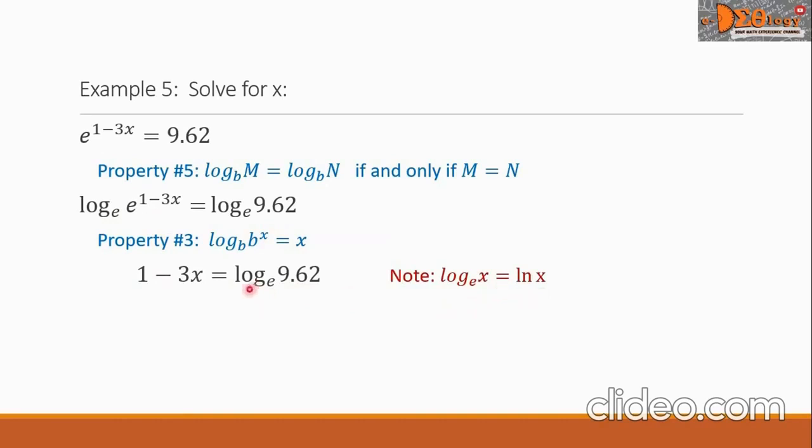It means to say the log to base e, we can change by the ln symbol. So we have now 1 minus 3x equals the ln of 9.62. Using our calculator, we can get the value of ln 9.62, and this is equal to 2.26384.